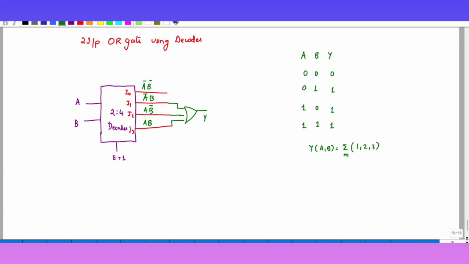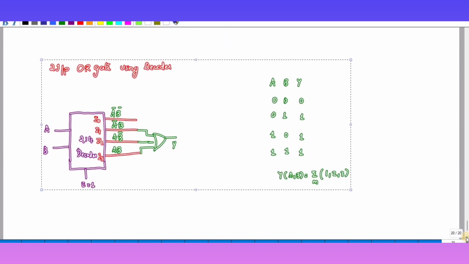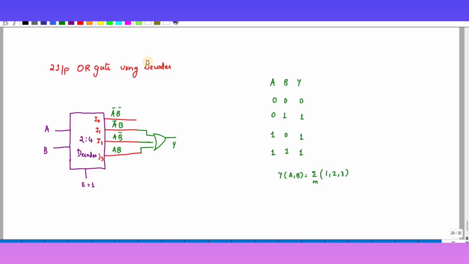Suppose I want to implement this two input OR gate using a ROM, that is, a read only memory.